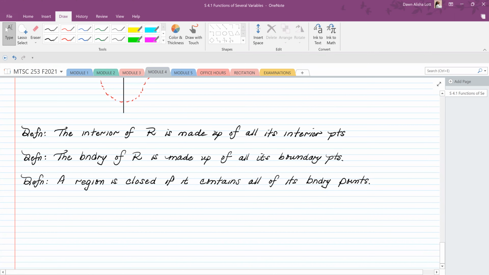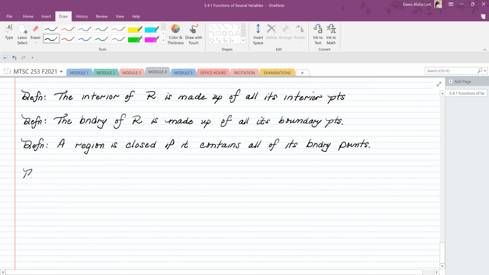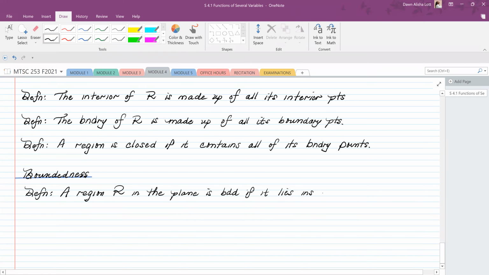So now let's talk about boundedness. A region R in the plane is bounded if it lies inside a disk of fixed radius.